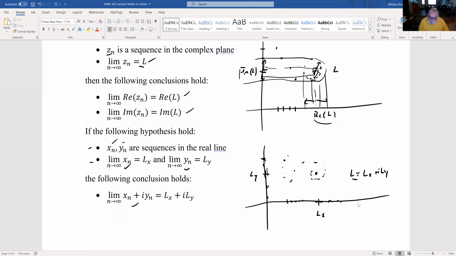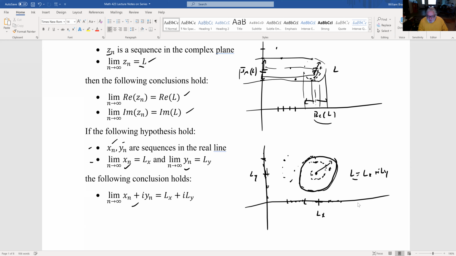So to prove that, we have to say, if I pick any particular epsilon around L, is there some capital N so that past that, for all little n bigger than capital N, the tail end of the sequence is in there.